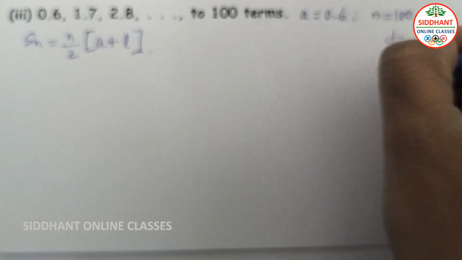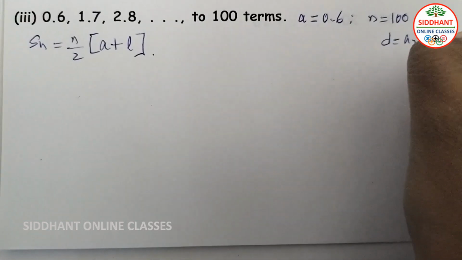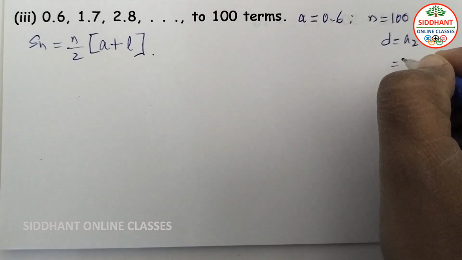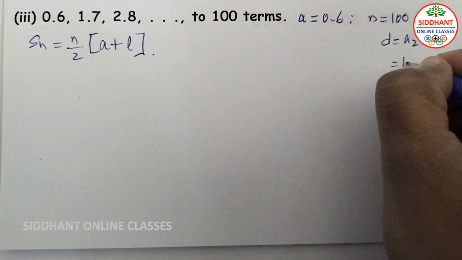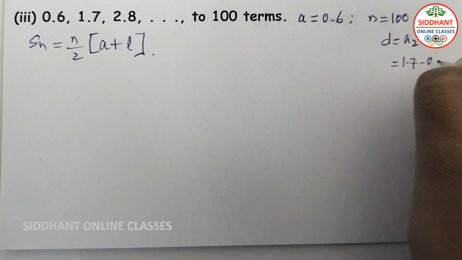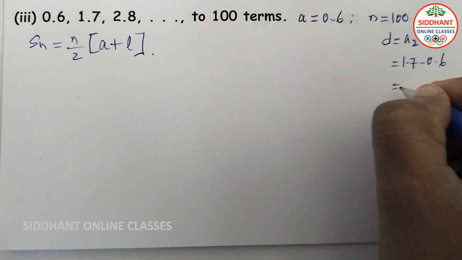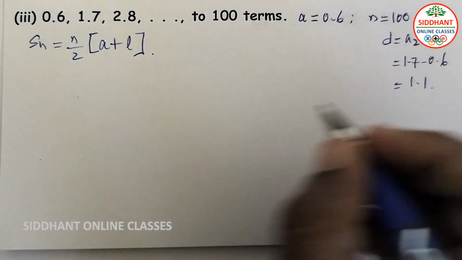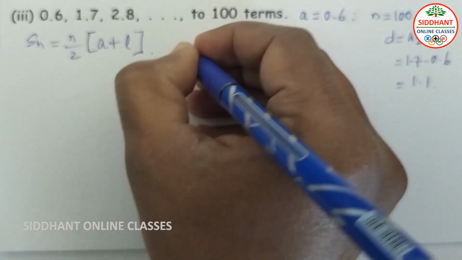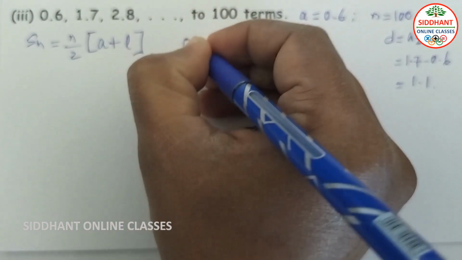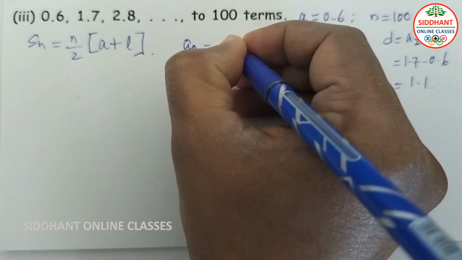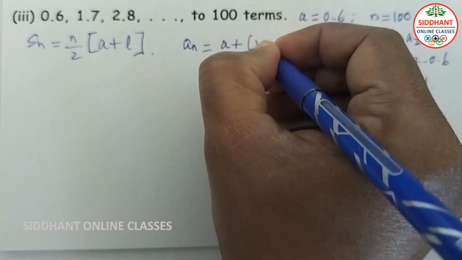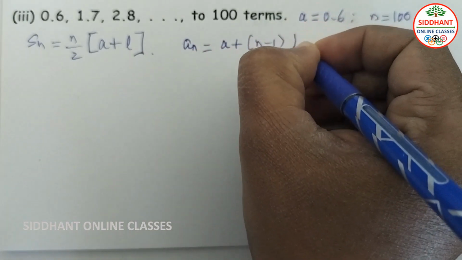So d is how much? a2 minus a1. So that equals 1.7 minus 0.6. So that equals 1.1. So d is 1.1. Now L we are going to find out. That means an equals a plus n minus 1 d.